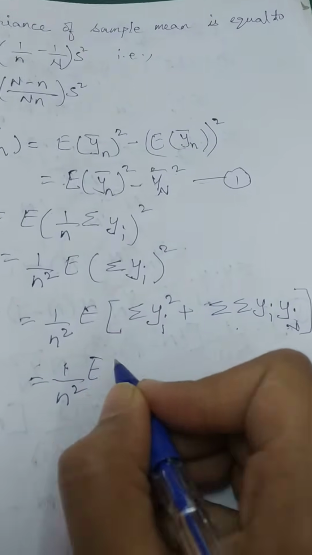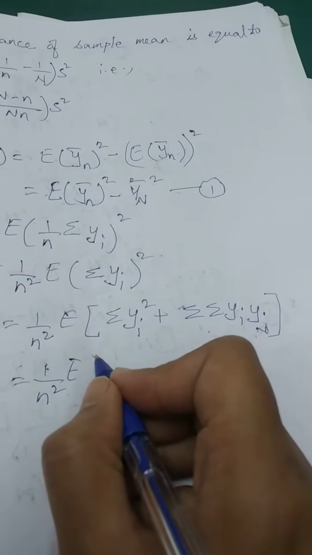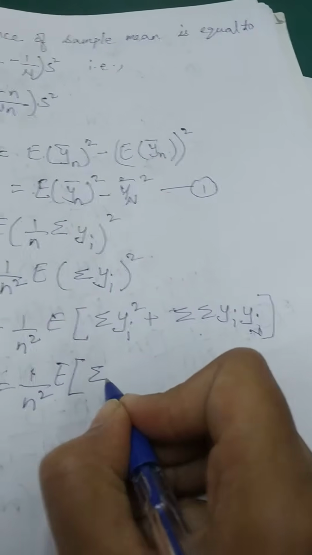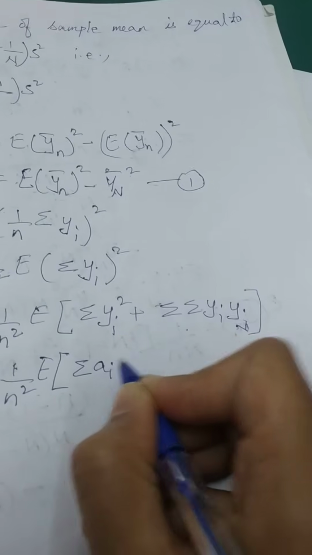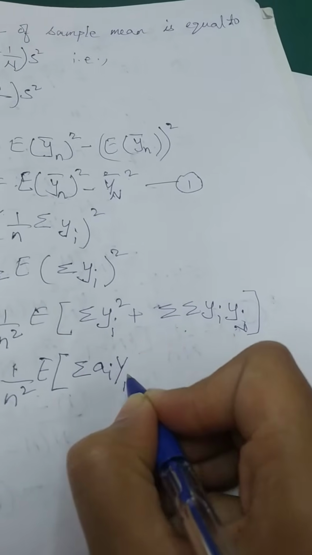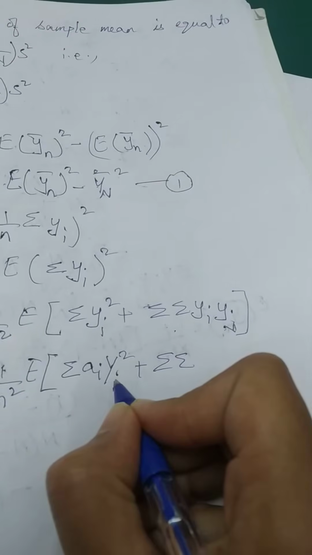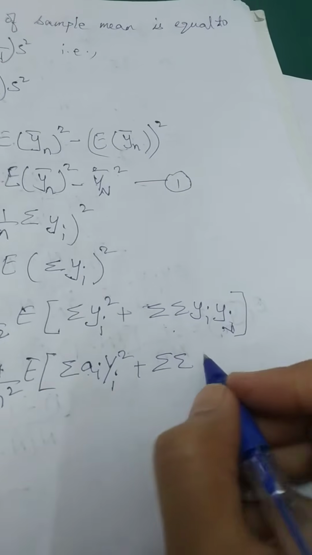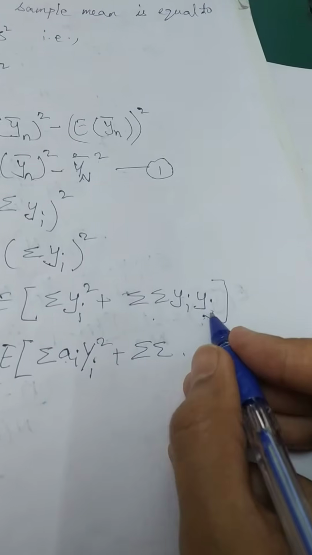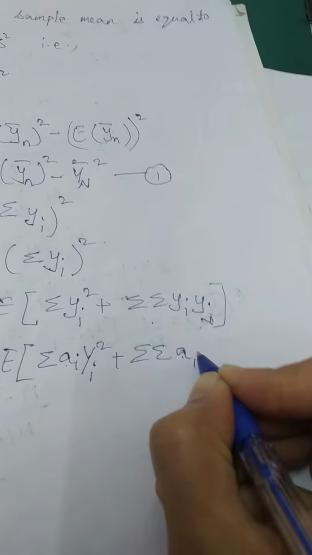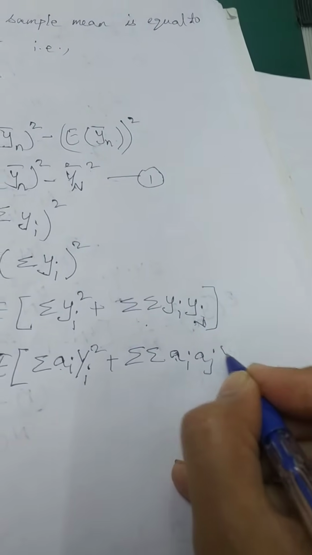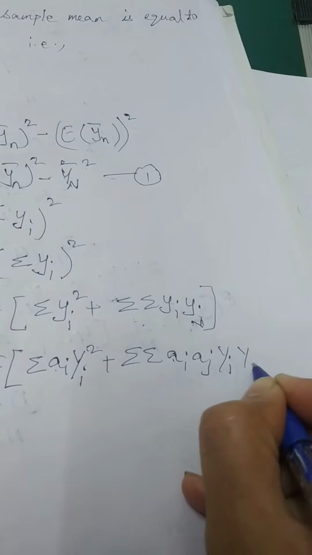You will understand it more clearly if you watch my previous videos. Summation of ai, now I can make it capital Yi square plus summation. If I want to convert yi, I am writing ai. If I want to convert yi and yj, I will write ai and aj with capital Yi, capital Yj.